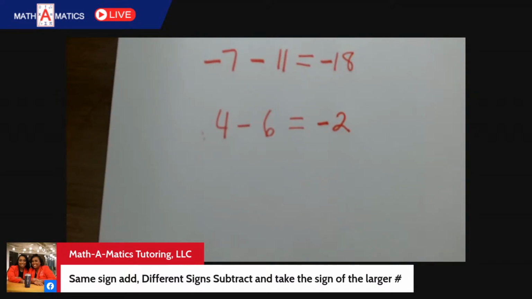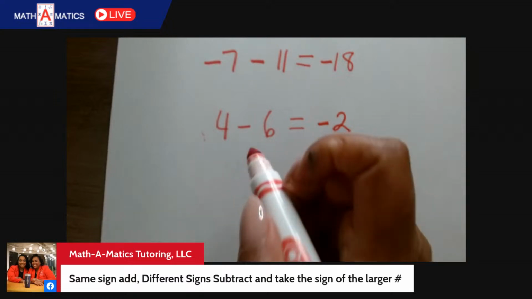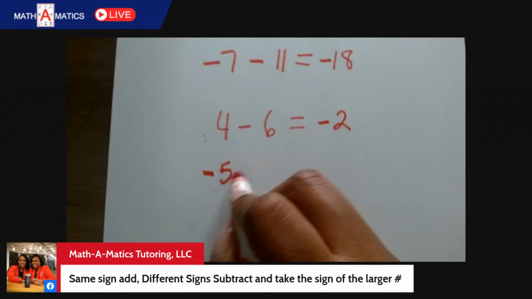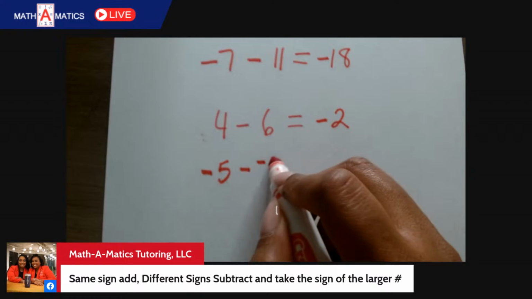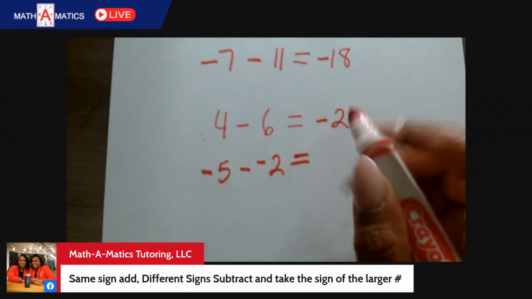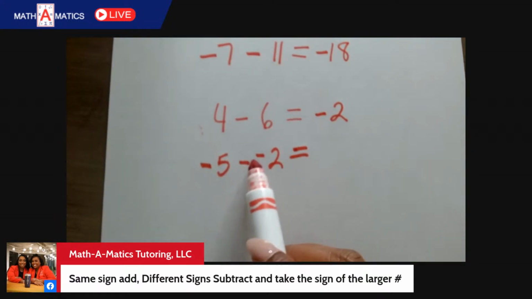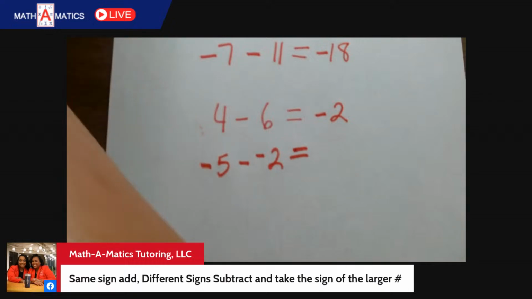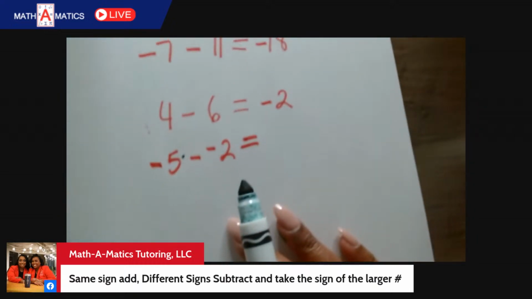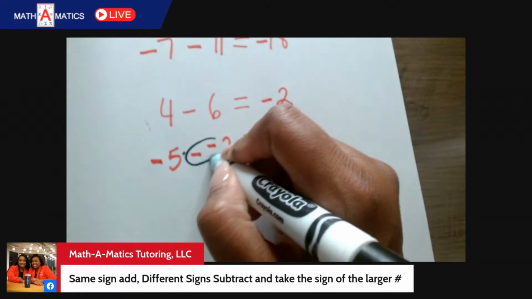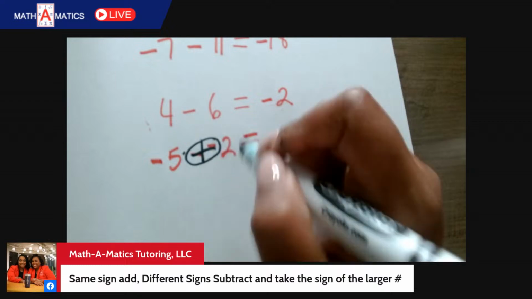All right. And now one more example that always trips up friends. Well, actually, I'll do two more. So we can have -5 minus a -2 equals. Well, when we have a negative next to a negative, I teach my students to circle that, and we're going to change that to a positive.